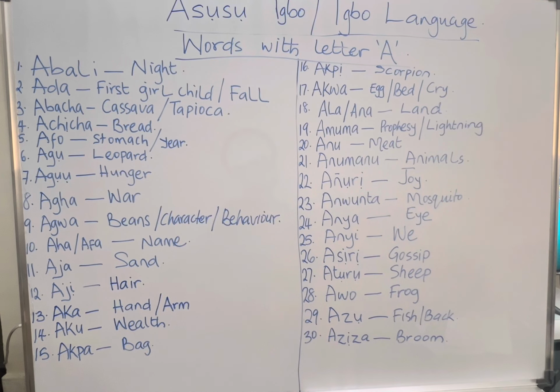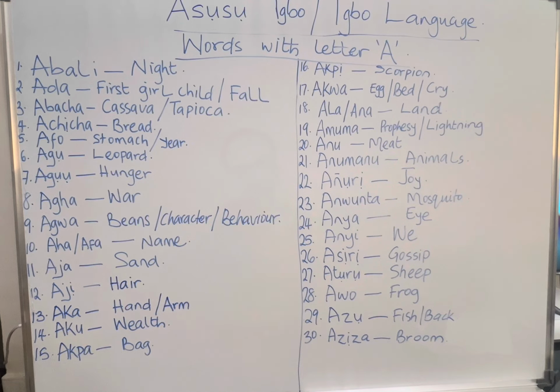Number 20, we have anu. Anu is meat. Number 21, we have anumanu. Anumanu is animals. Number 22, we have angore. Angore simply means joy, happiness.